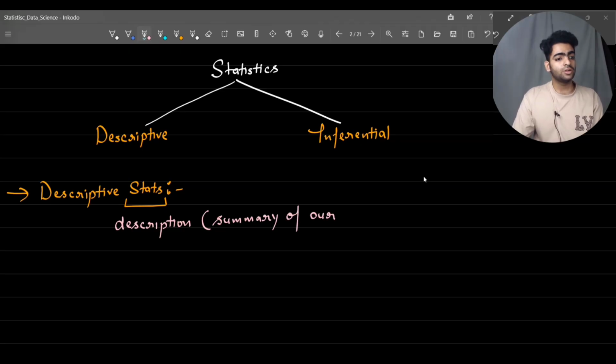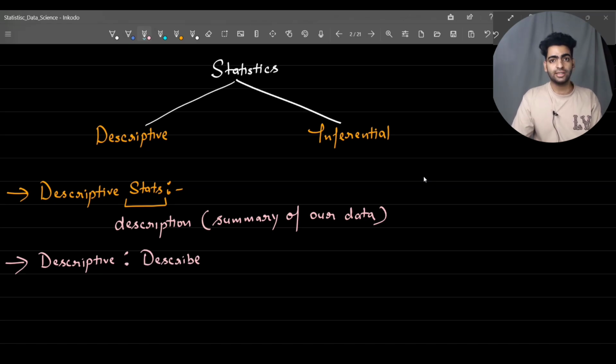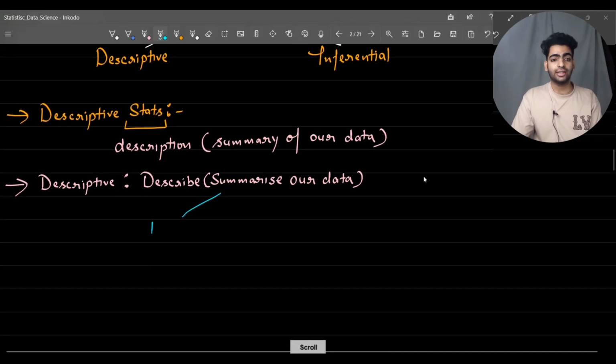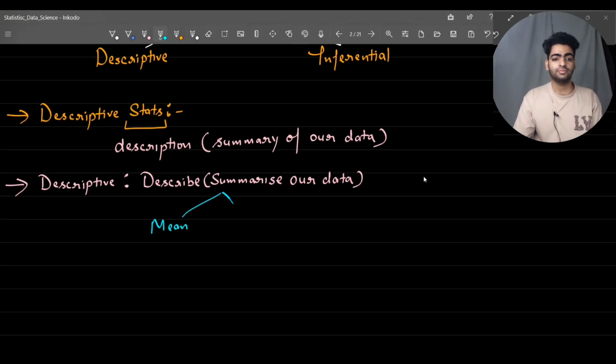right? So descriptive statistics is basically used in order to describe or summarize our data pretty well, right? See, while summarizing our data, you can think of using techniques like mean, median.